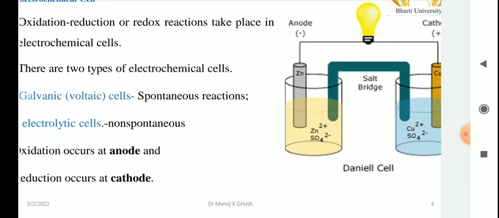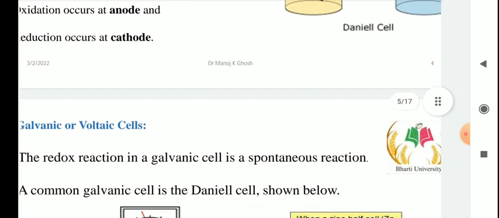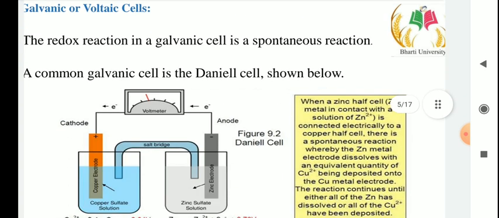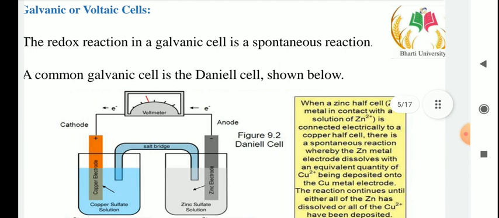Cathode is denoted by the negative symbol, anode by the positive symbol. Here is another example of a galvanic or voltaic cell, where the reaction is spontaneous. A common galvanic cell is the Daniell cell.